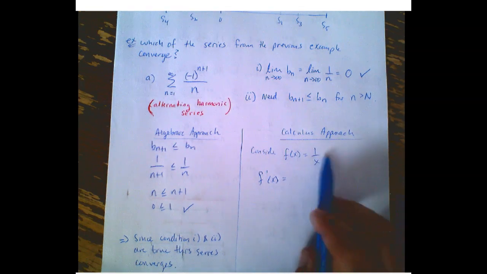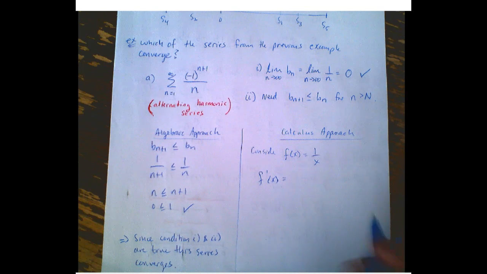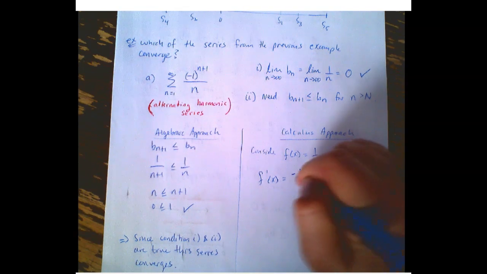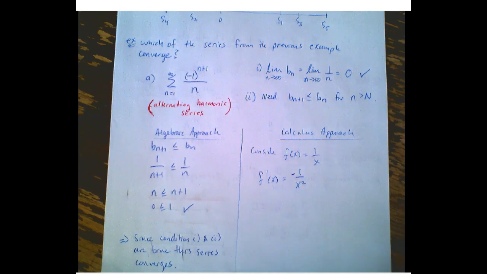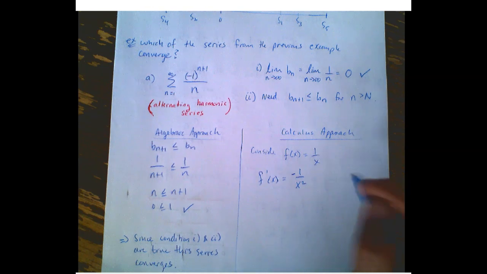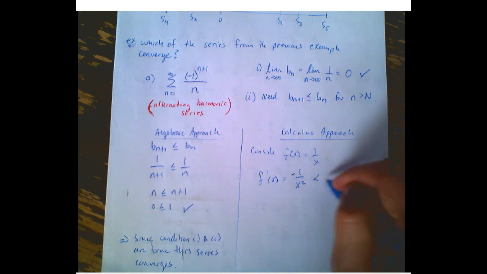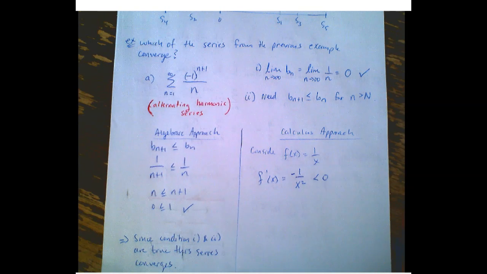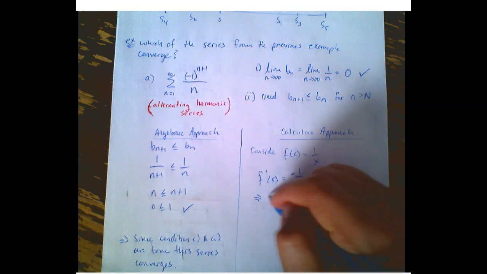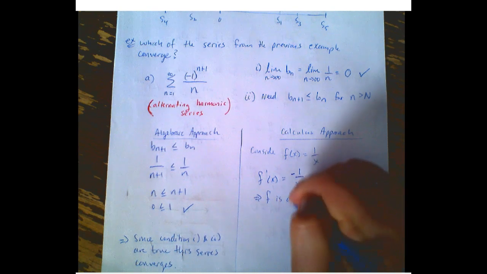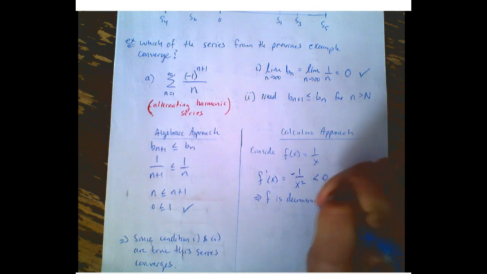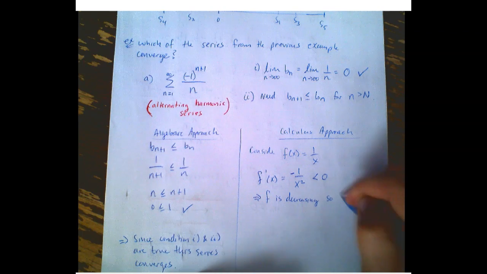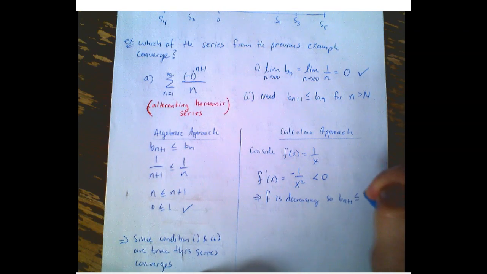Well, this is like x to the negative 1, so differentiating, we get negative 1 over x squared. And this is always less than 0, which implies f is decreasing. So bn plus 1 is always less than or equal to bn.